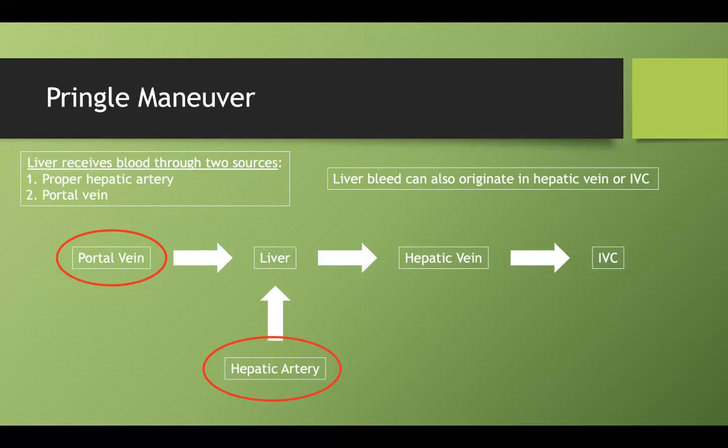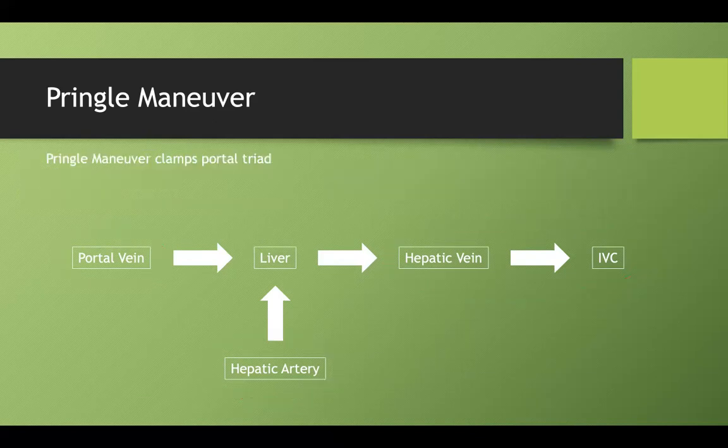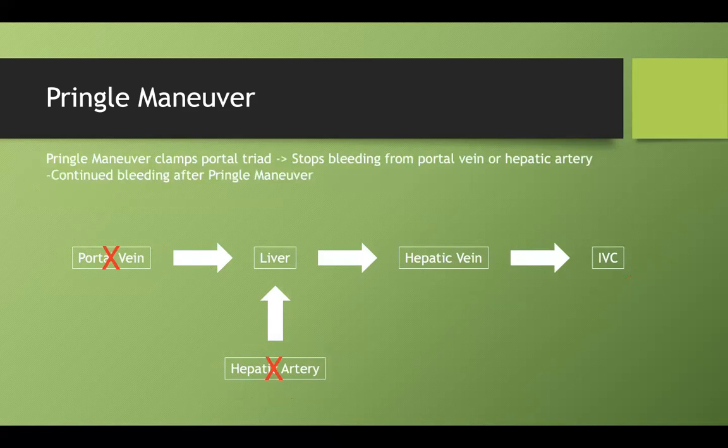It could actually be originating more distally in the hepatic vein or the IVC. So what the Pringle maneuver will do is it'll block flow to the portal vein and hepatic artery. And if you notice that there's still continued bleeding after using the Pringle maneuver, that might make you consider the hepatic vein or the IVC as sources instead, because there's still continued bleeding.